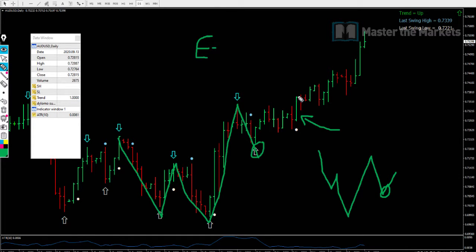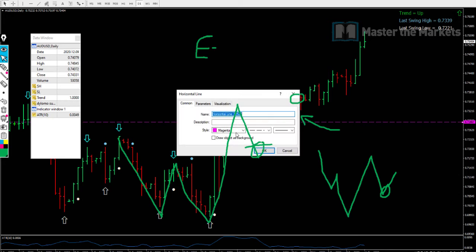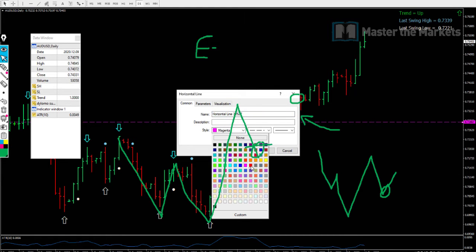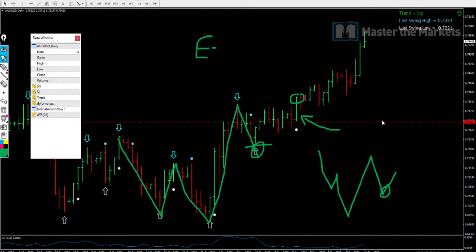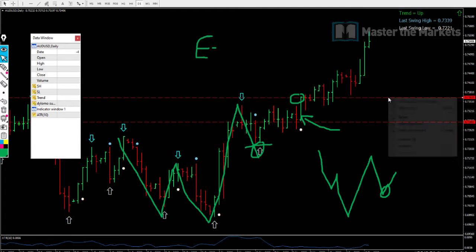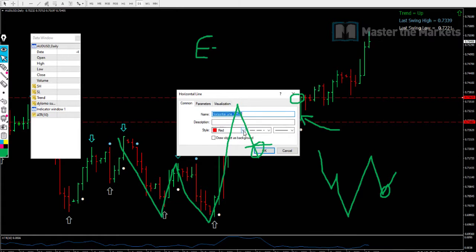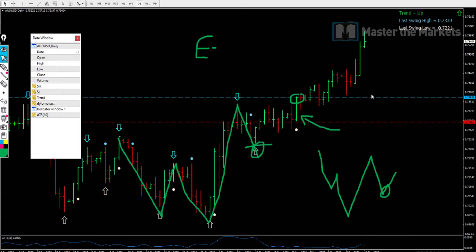We enter on the close as the low is confirmed. The initial stop loss, one way you can do a very simple initial stop loss is at the low of the bar. And the entry can be on the close, which we can signal by a blue line over here. And that's pretty much that.